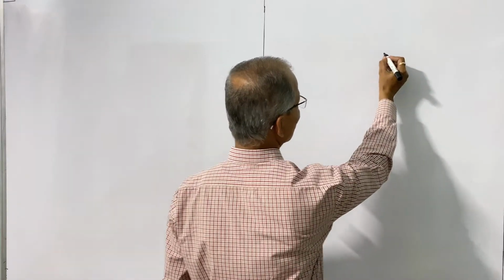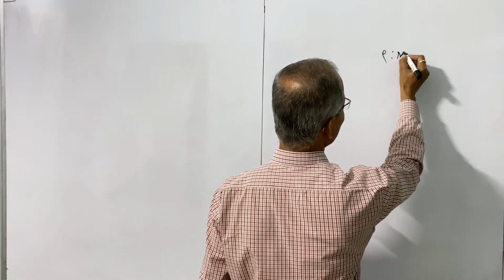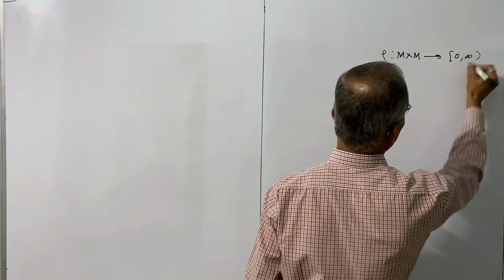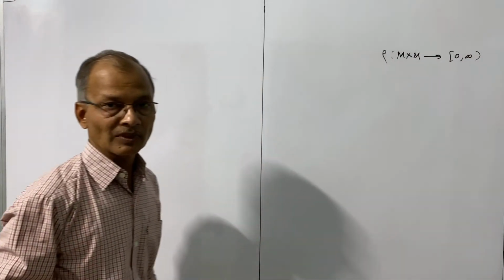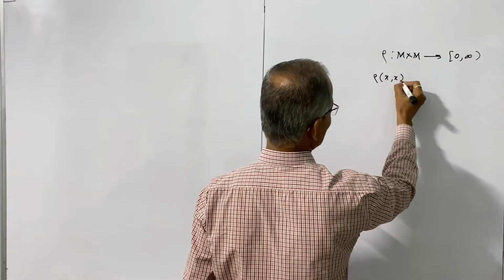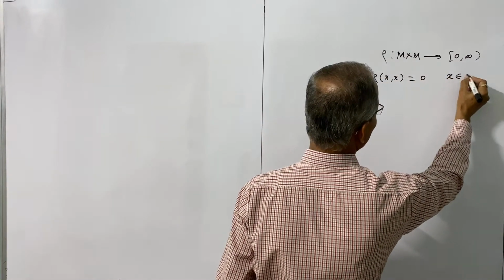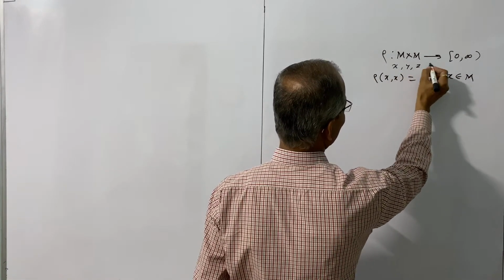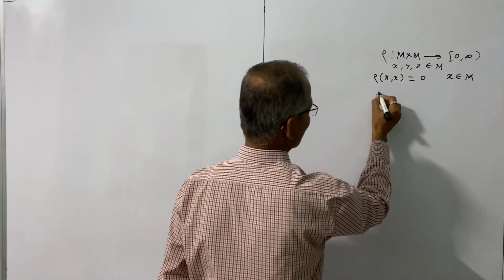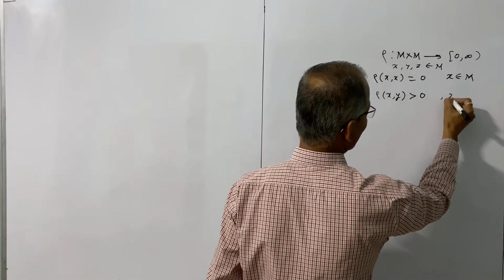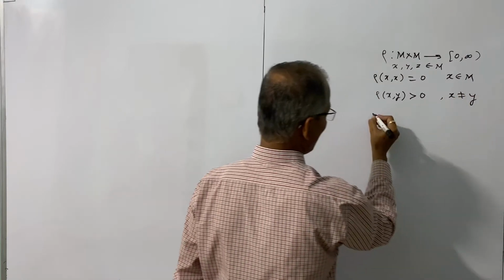It is a distance function ρ from M cross M to the non-negative real numbers, which satisfies these properties. First, ρ(x,x) is 0, where x, y, z belong to M. Second, ρ(x,y) is greater than 0 for x not equal to y.